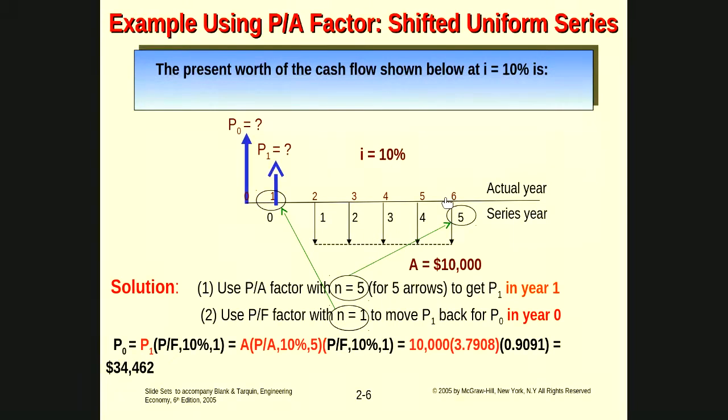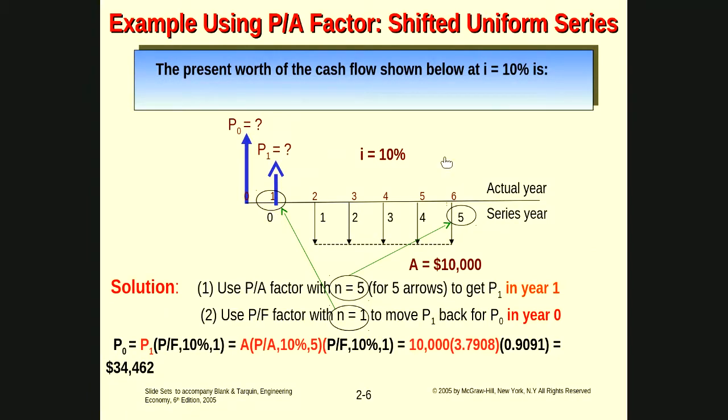If you want to find the value of that 10,000 over those years at any year previously, you have to follow rules 1 and 2. P given A: you always have to go back 1 year previously.